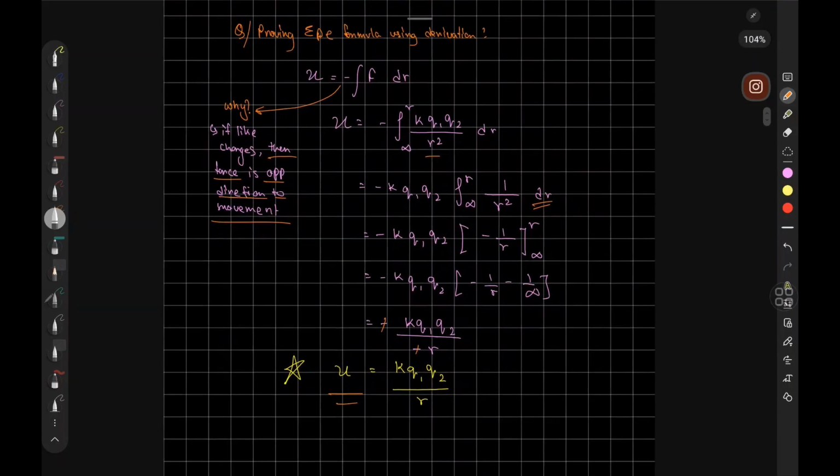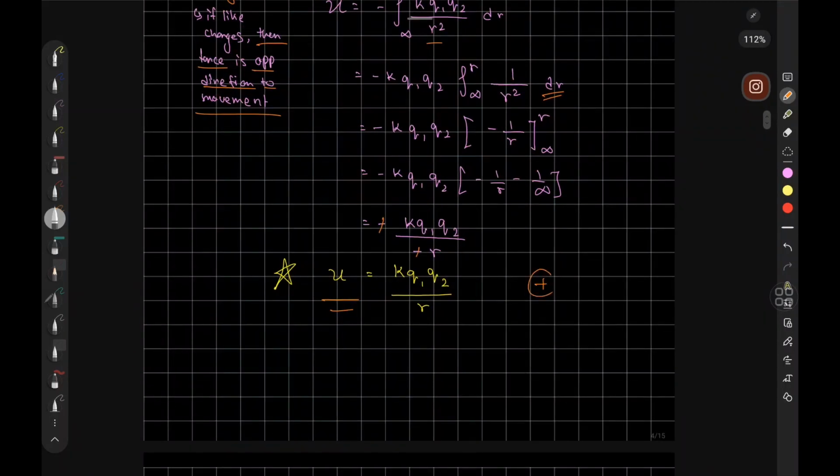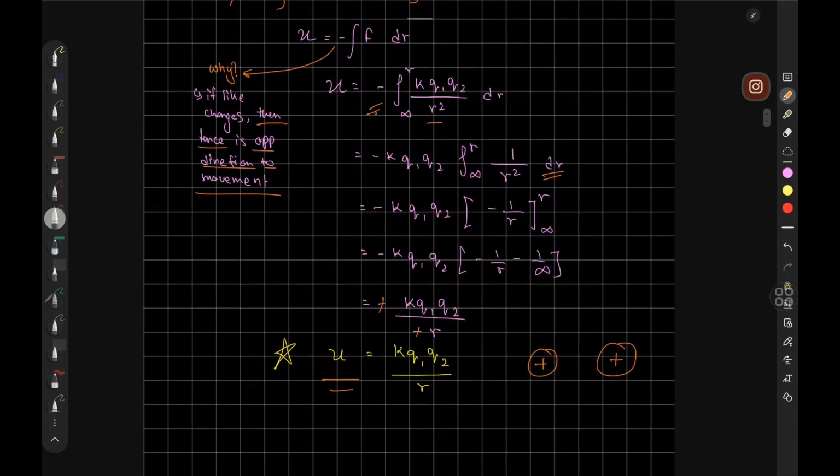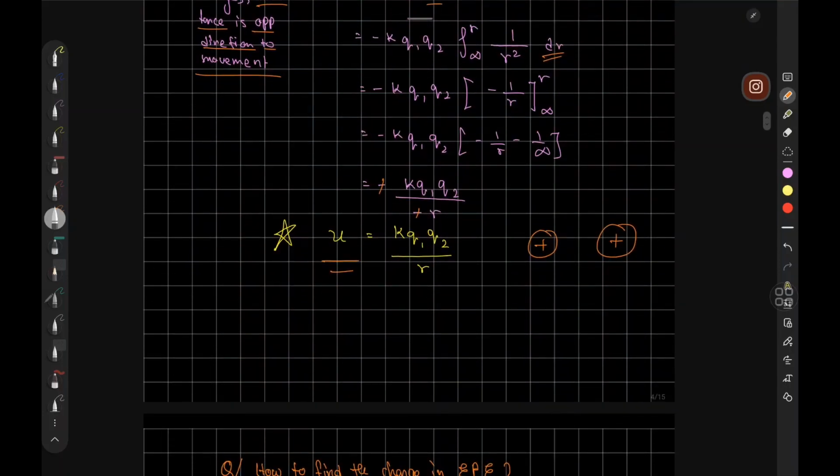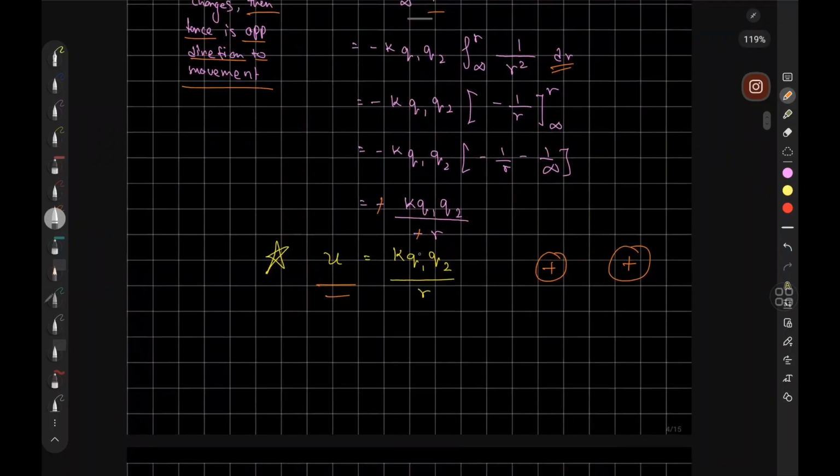Okay, so in this case, notice the reason we took the minus over here is actually helpful. Why? Because let's say you have a positive charge and a positive charge over here. Since we have initially already considered the negative sign, now if you plug in both positive charges, your ultimate value is going to be positive, because positive times positive is positive, the constant is never negative, so positive divided by a positive separation.